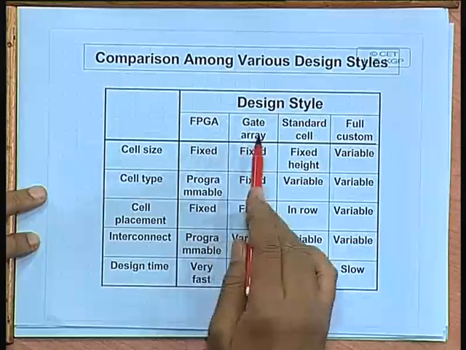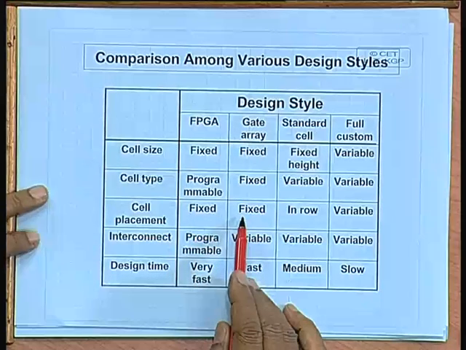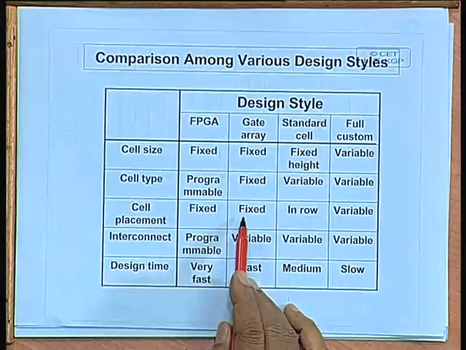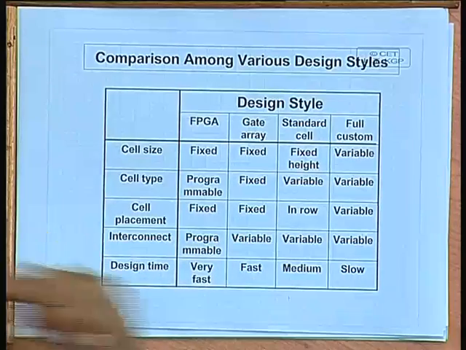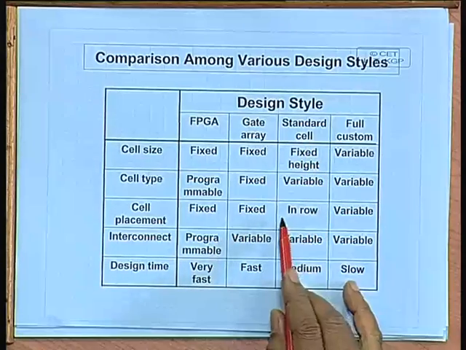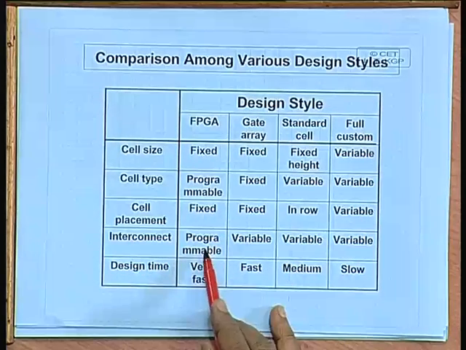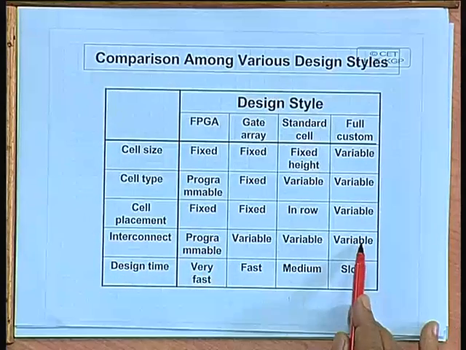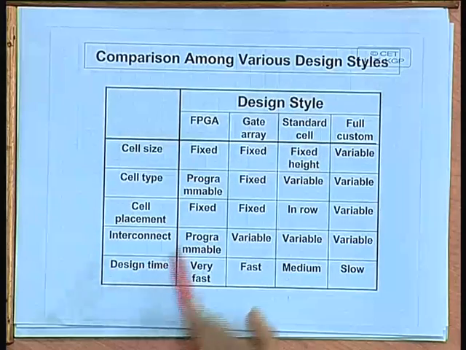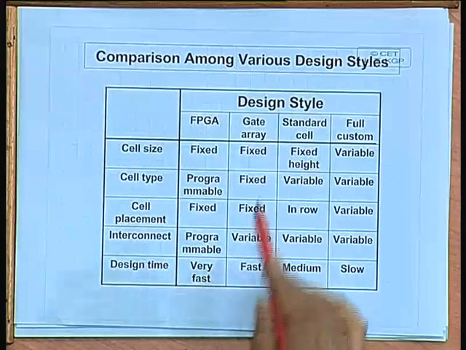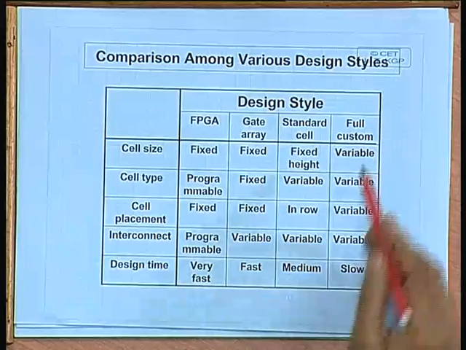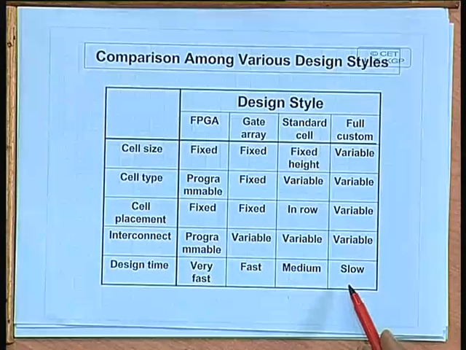Cell placement, FPGA, gate array, they are fixed. The geometry of these cells are fixed, but you can map them differently. In standard cell you can put them in rows, full custom anywhere. Interconnects, FPGA is programmable, but for these you can do anything. Design time, FPGA is very fast, gate array is medium, full custom is the slowest.